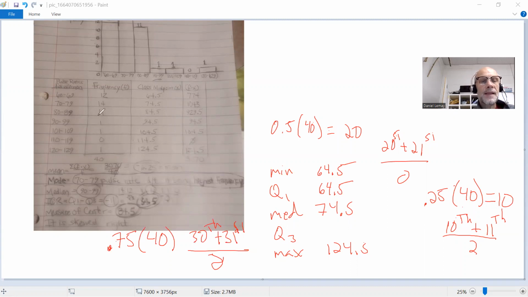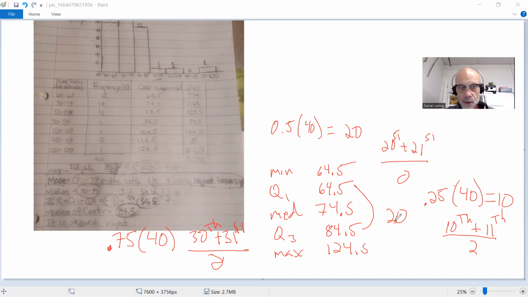That's going to be 28, and then that goes up to 39. So the 30th and 31st numbers are in this bin. So that's 84.5. And to find the IQR, we're going to do Q3 minus Q1, which you showed nicely. Thank you. So the IQR is 20. Okay.